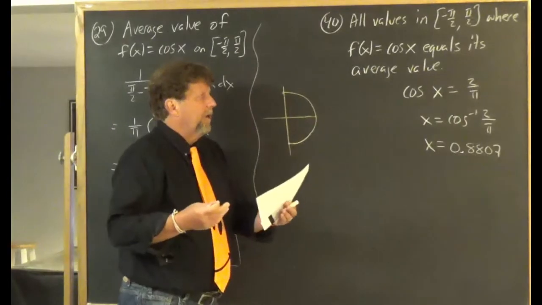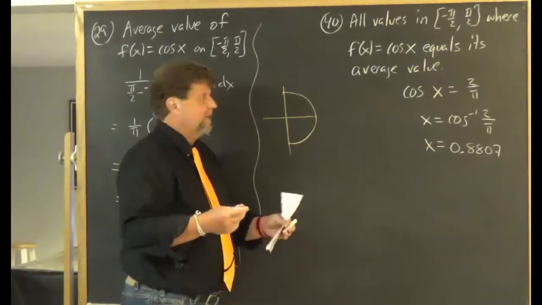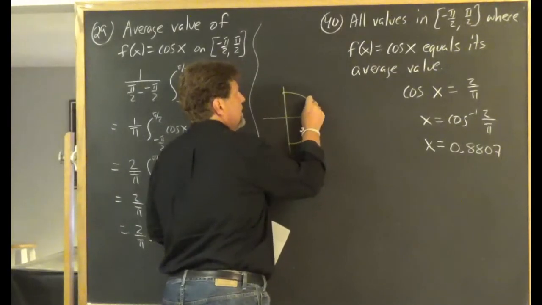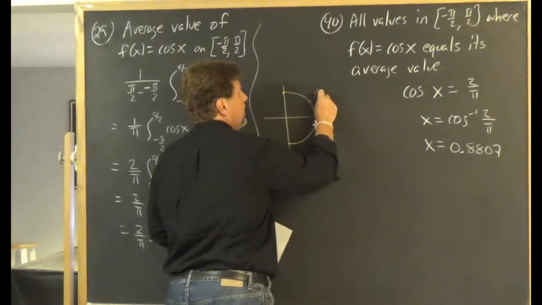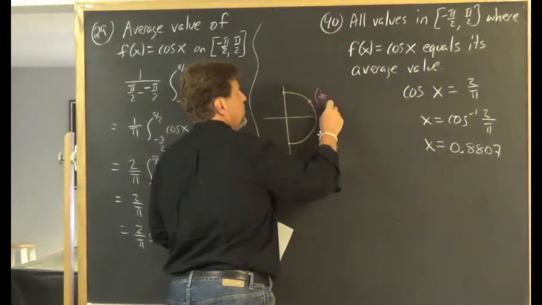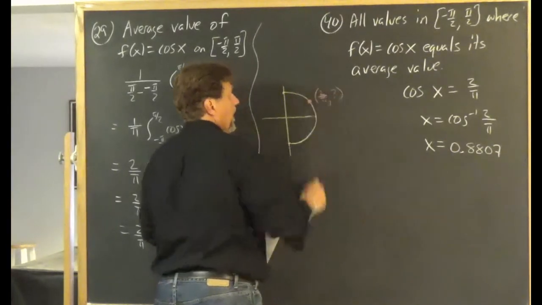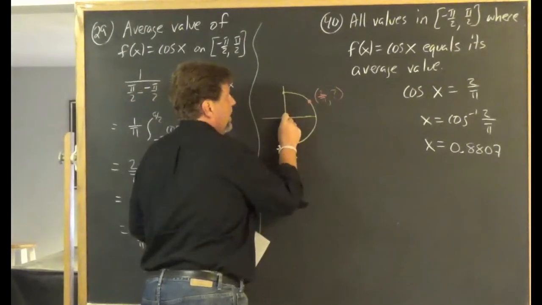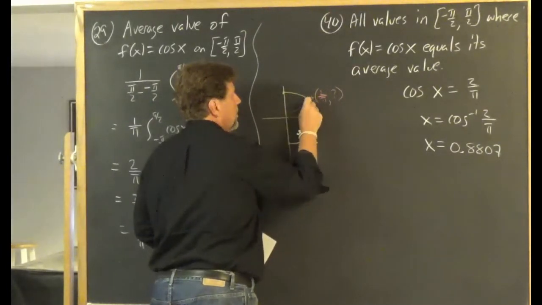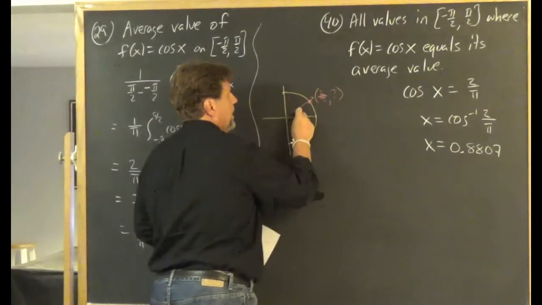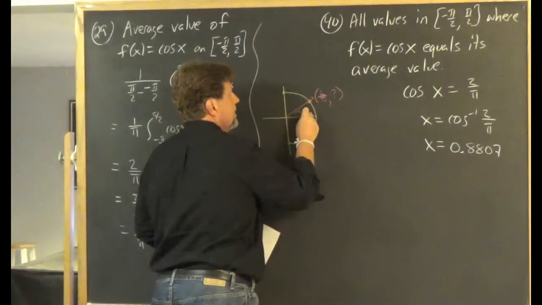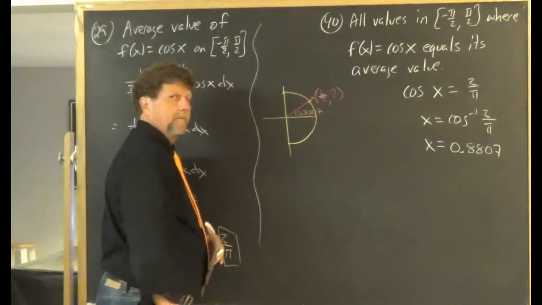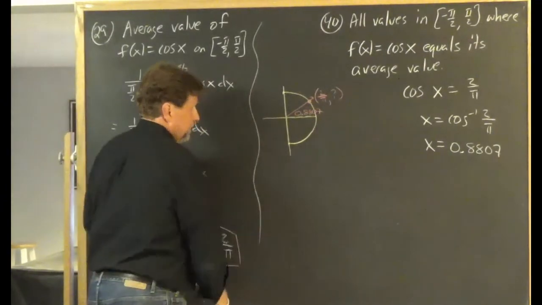It's an x value of about 2/3. So I'm just going to arbitrarily say that point's about right there. The x coordinate is 2 over pi. I don't know what the y coordinate is. I don't care. Right now we know this angle here is 0.8807. That's what the calculator told us.